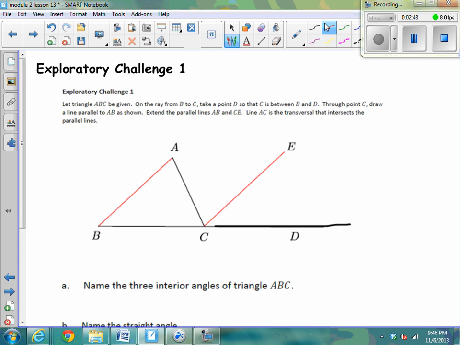So this red line here is drawn, and this line here, AB, let's see what happens if we extend them.